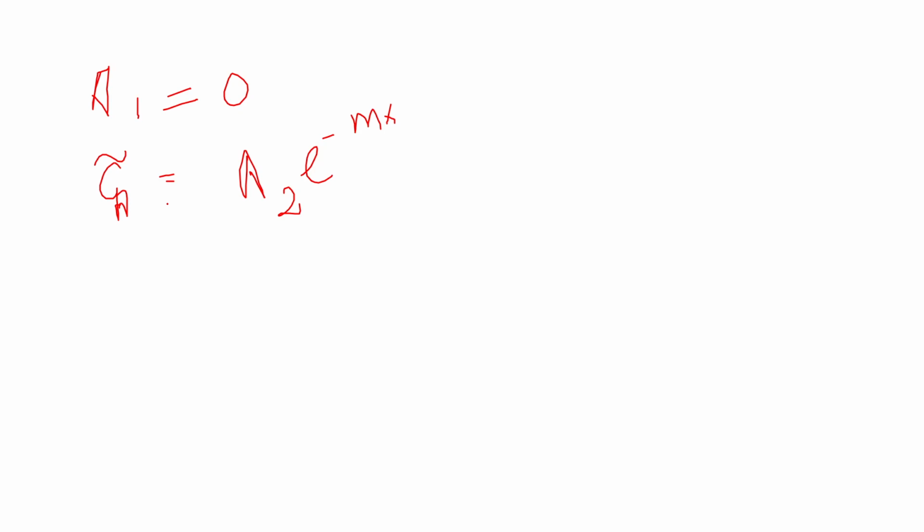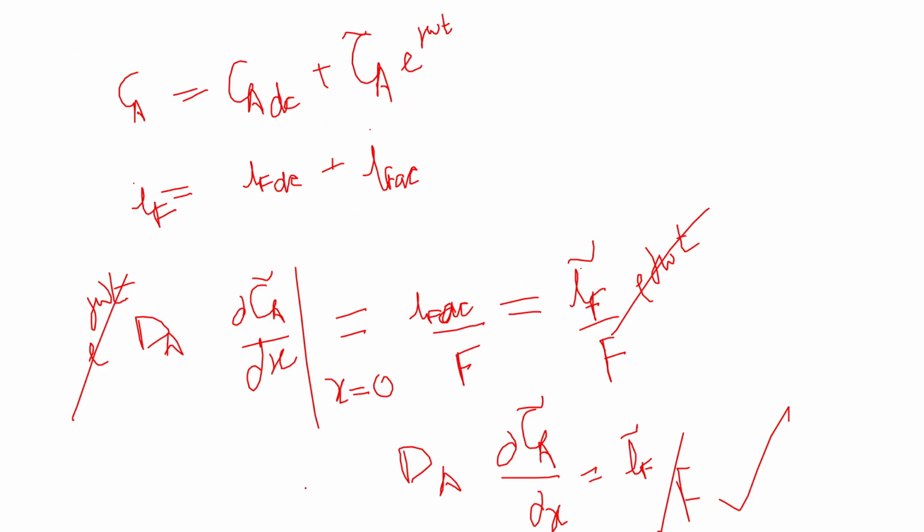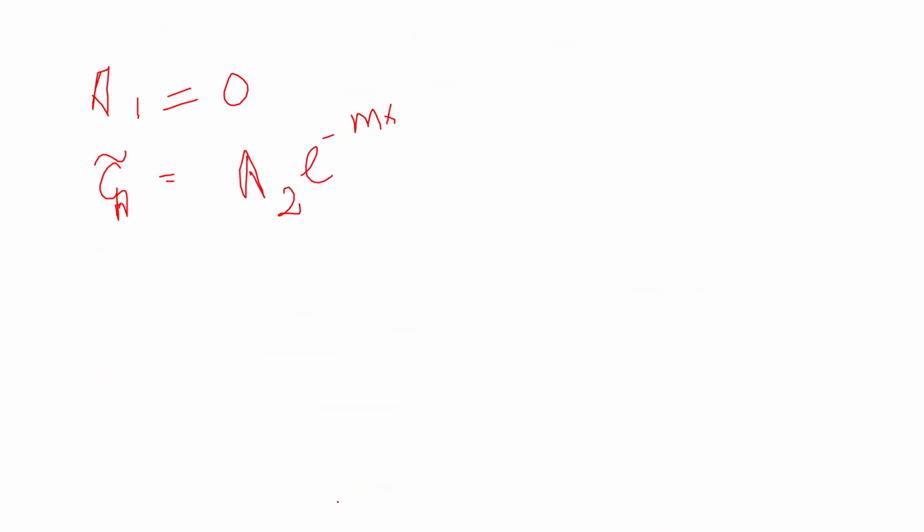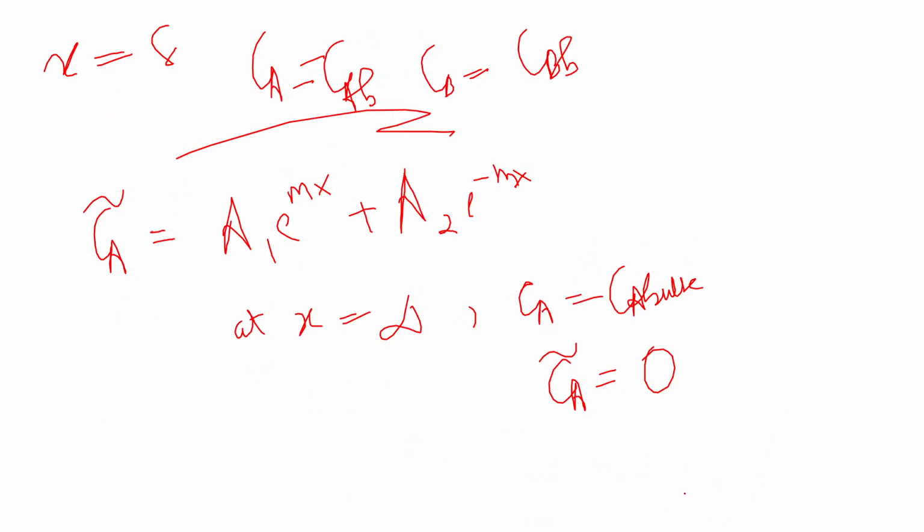Now how will I find? I have another boundary condition, which is this one. How can we conclude that A1 is equal to 0? At x equal to infinity, CA bar equal to 0. Then e raised to minus m into infinity term will become 0 at infinity. So the only possibility is that A1 e raised to mx cannot go to 0, so the only possibility is A1 becoming equal to 0.